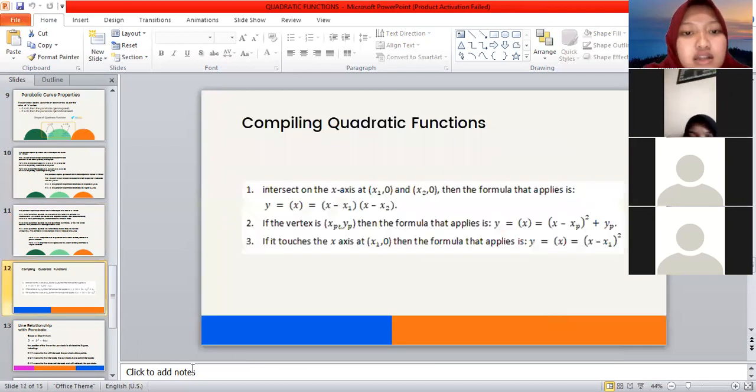Next, compiling a quadratic function. First, if it intersects the x-axis at (x1, 0) and (x2, 0), then the formula that applies is y equals (x minus x1) multiplied by (x minus x2).